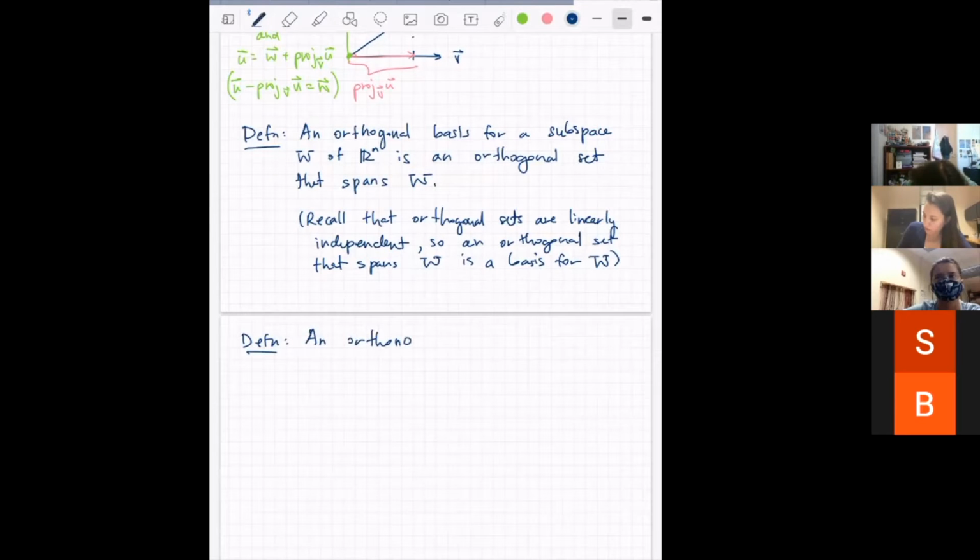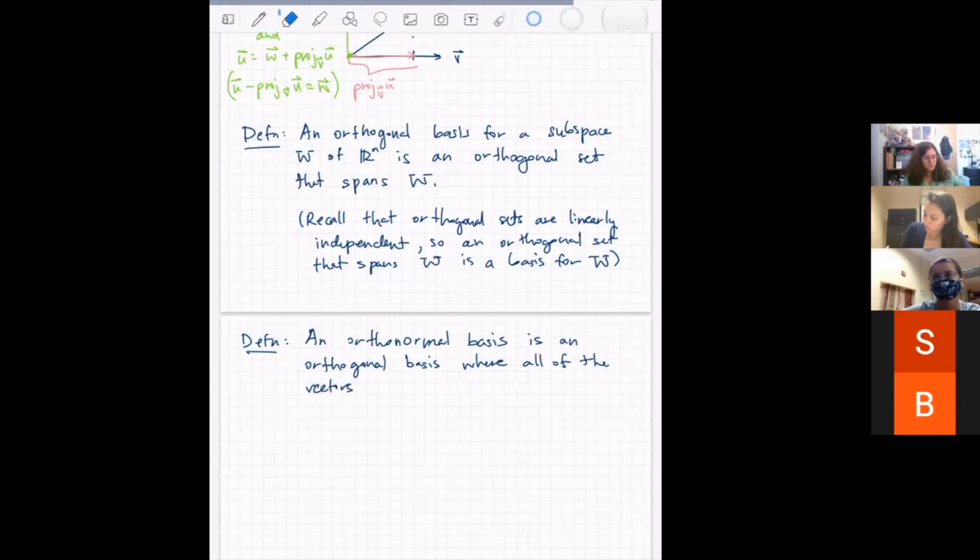An orthonormal basis is an orthogonal basis where all of the vectors are unit vectors. So they just all have length 1.